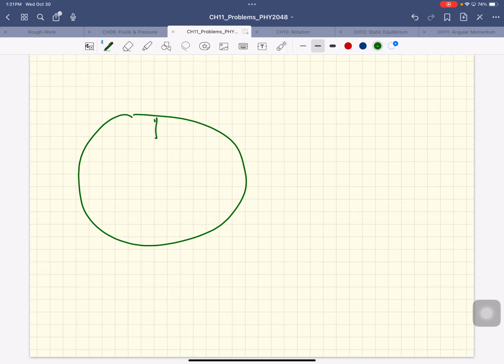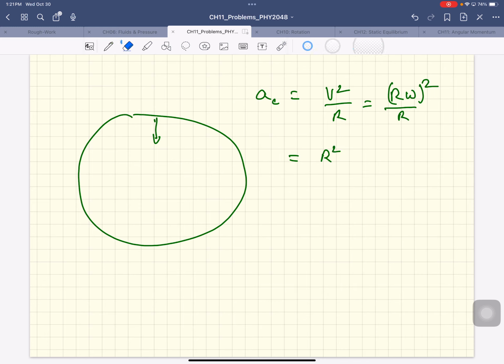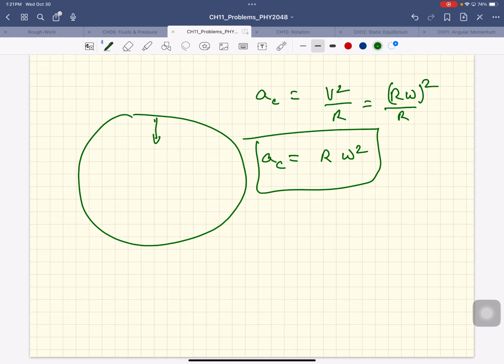The centripetal acceleration, which is the artificial gravity, is v squared over r, which is r omega squared. So when you sped up, your gravity increased. That's what happened. But it increased by only 0.65%.